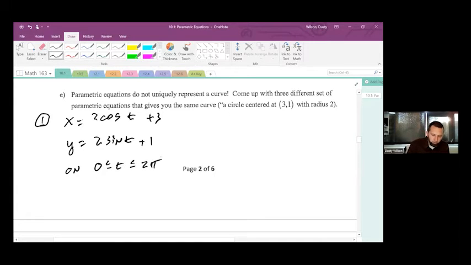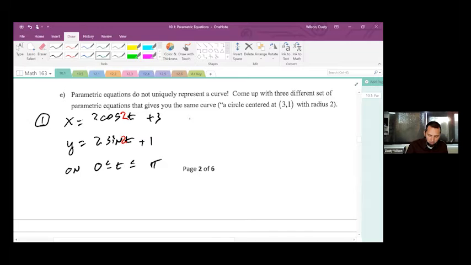We could, for example, make this happen twice as fast. So if we did 2t, 2t, and now our t's only need to go as far as pi. So that would be adjusting the parameter.